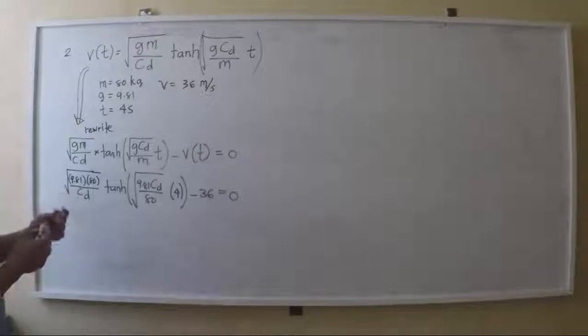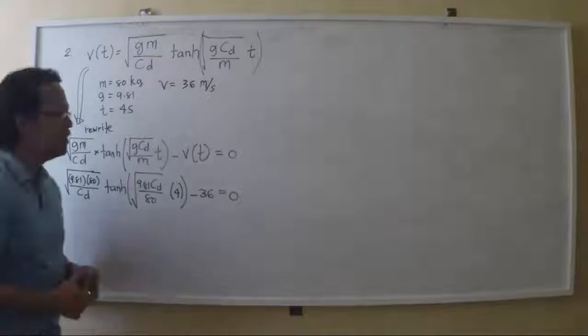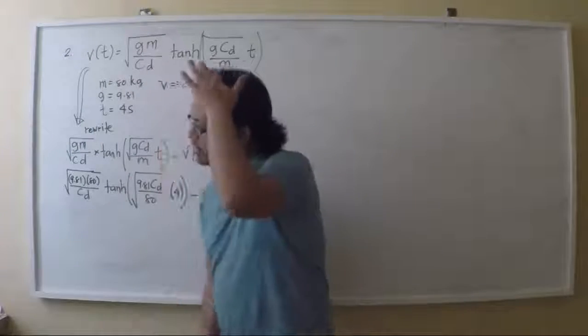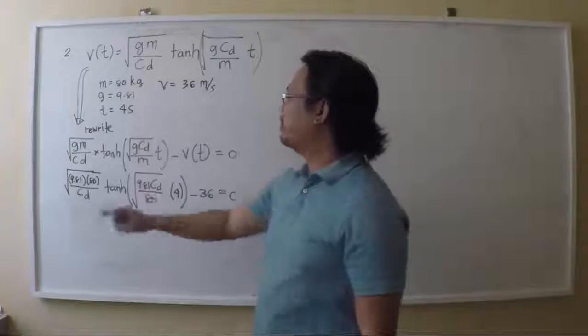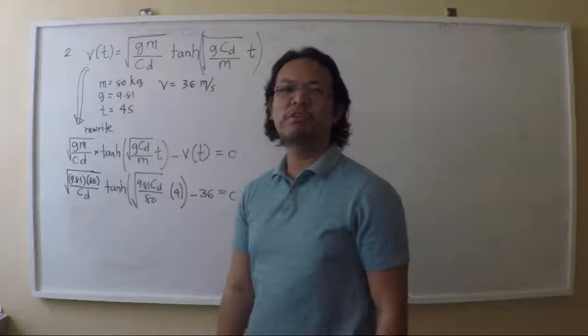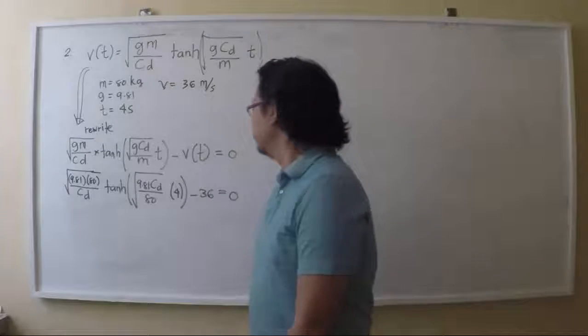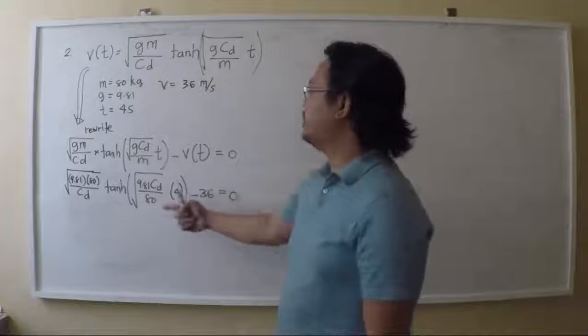So the unknown here is just simply the drag coefficient. So we will compute that one using bisection and false position. That's what I'm saying. So this is the function.